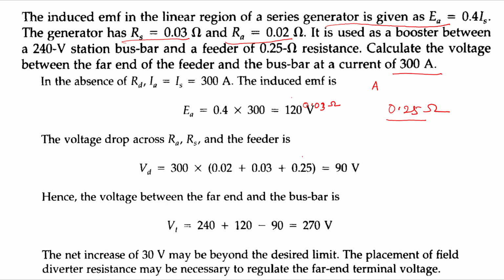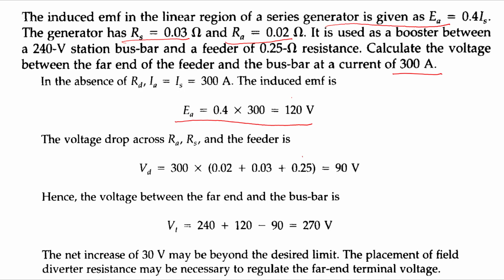Now I hope you understood the concept of the problem. If the concept is clear, you can go ahead, right? So your EA is 0.4 IS. Now IS is equal to the load current. The load current is 300 ampere, as mentioned, so EA will be 120 volt.